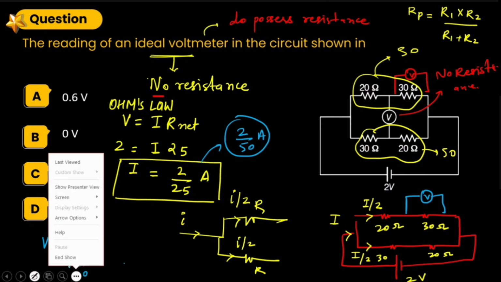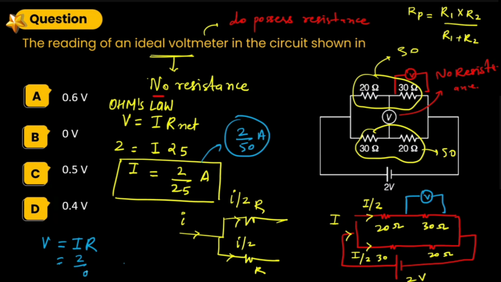Resistance of the element is 30 ohm, so it is approximately 6 by 5 volts. So the potential across 30 ohm resistor would be 6 by 5 volts. So this is how we use the voltmeter and find potential in the given circuit.